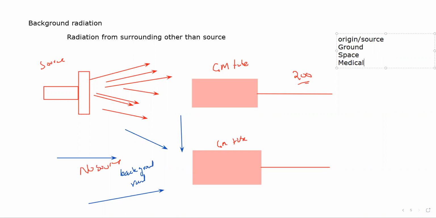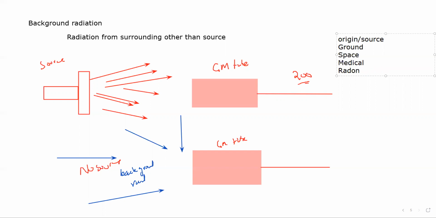So maybe a medical facility or hospital nearby is treating cancer, and that is also emitting radiation. A detector may record those radiations.